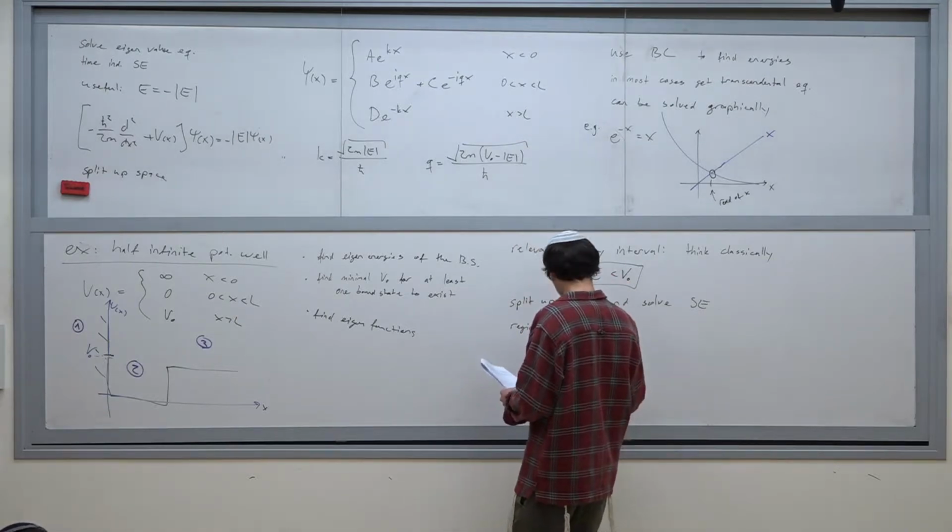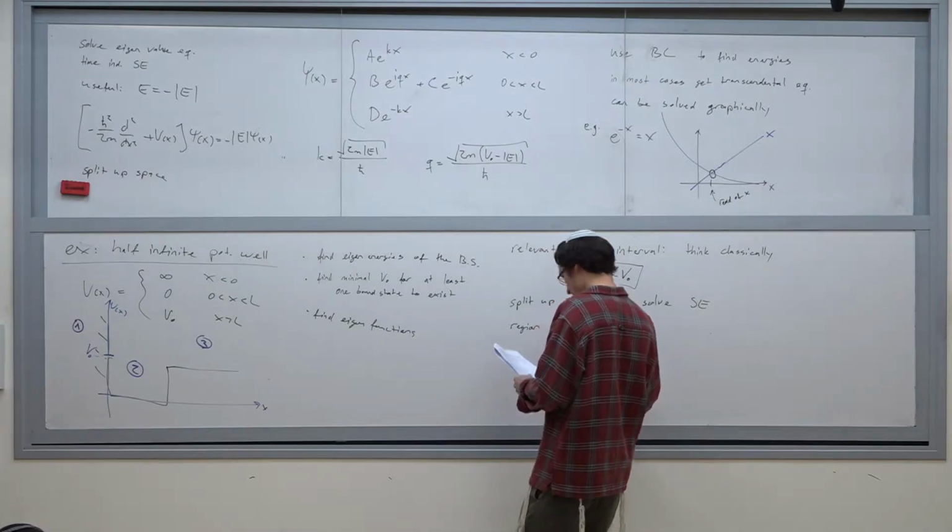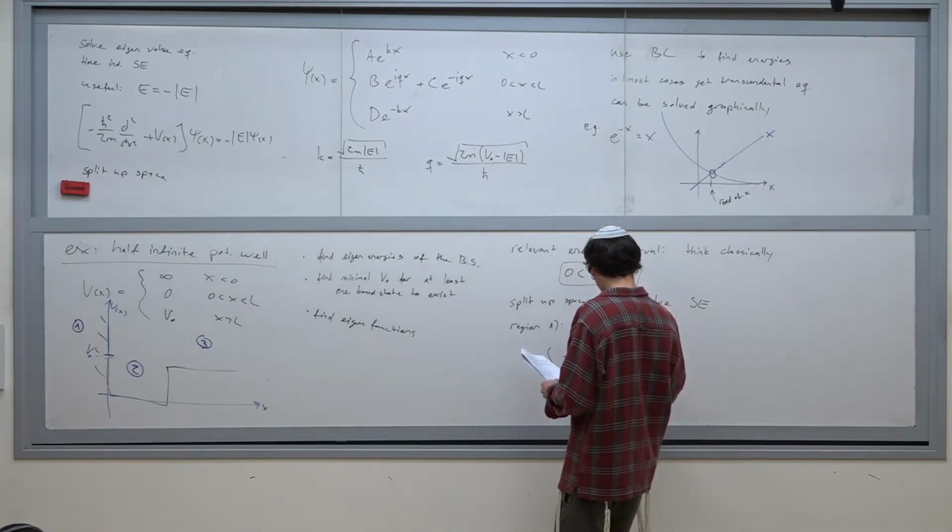So the Schrodinger equation is minus h bar squared over 2m.